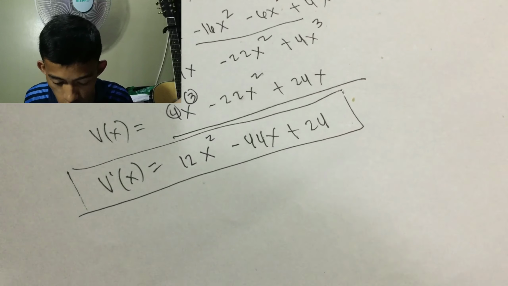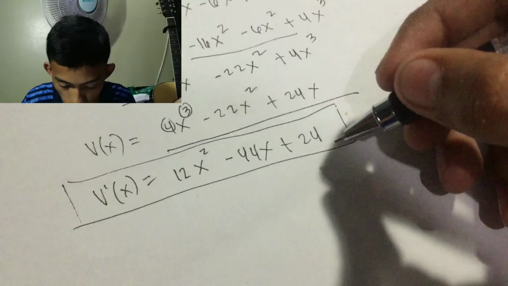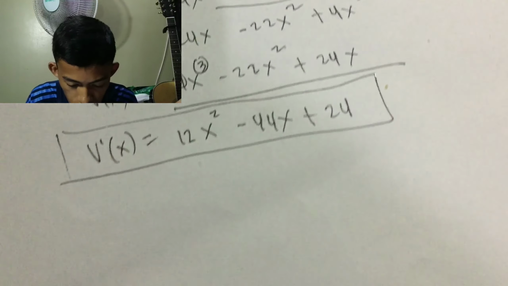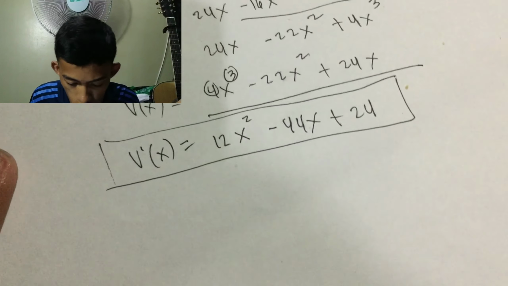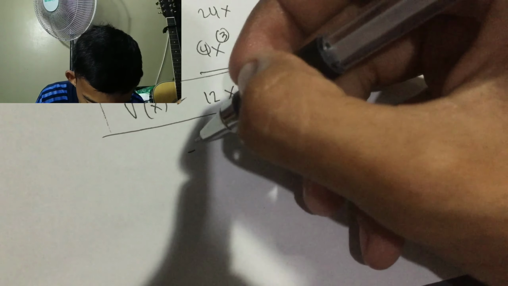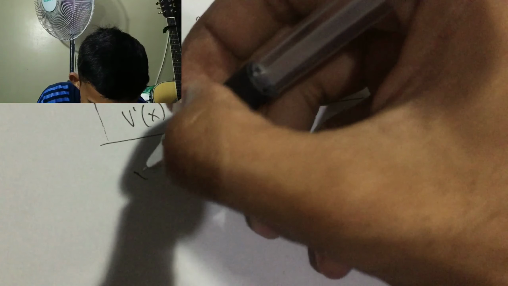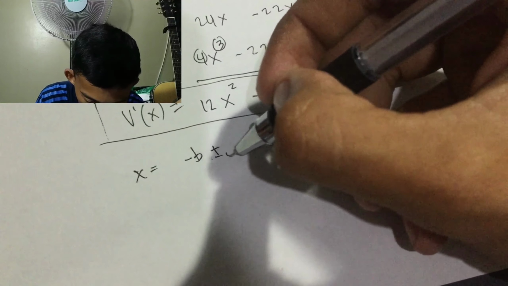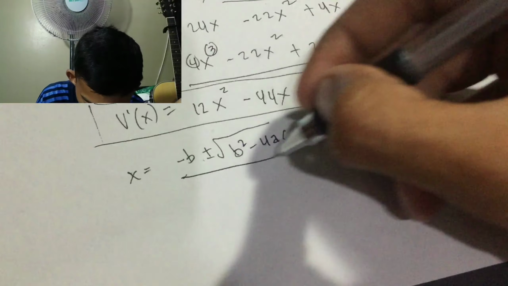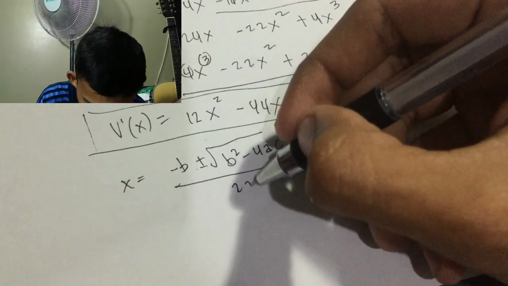And then we will find the critical values. In order to find the critical values, we must factor this out. You can use any of the factoring techniques, and here we can use the quadratic formula. So x is equal to negative b plus or minus the square root of b squared minus 4ac, divided by 2a.